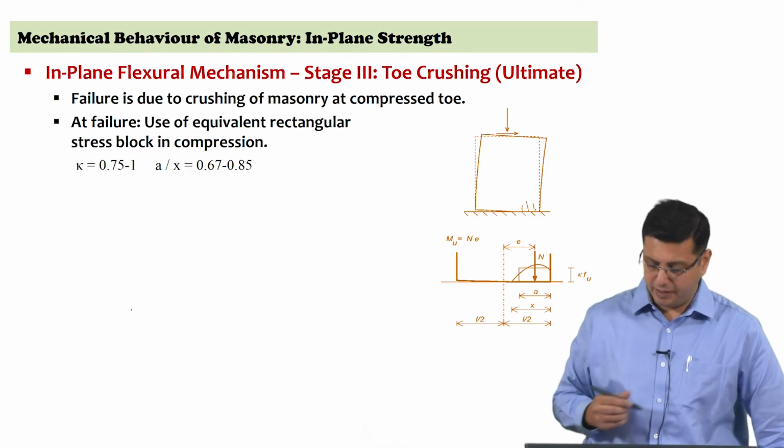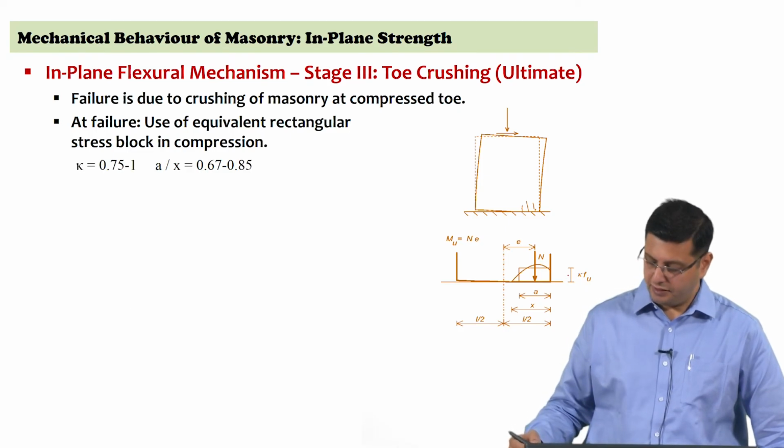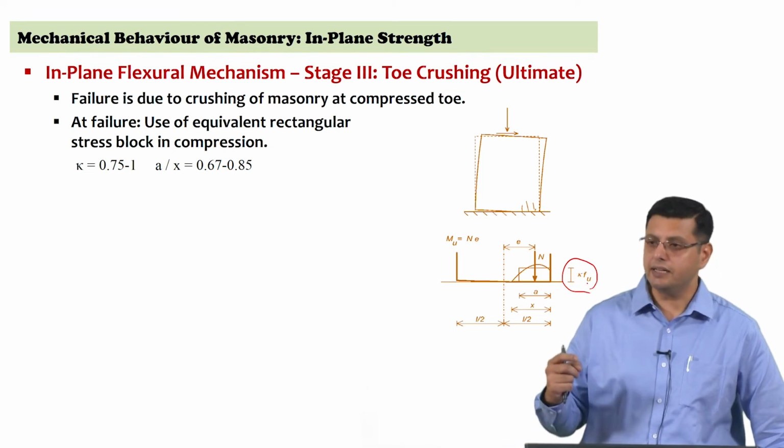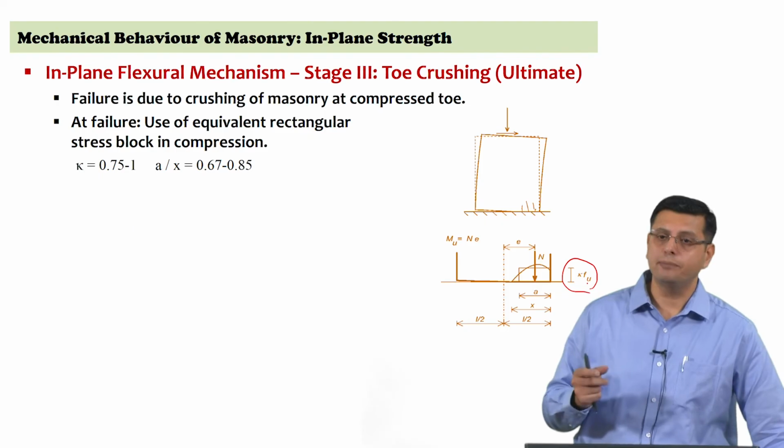So, stress block parameters here, we take the value of kappa here as varying between 0.75 and 1, and these are values that will actually depend on the type of material.